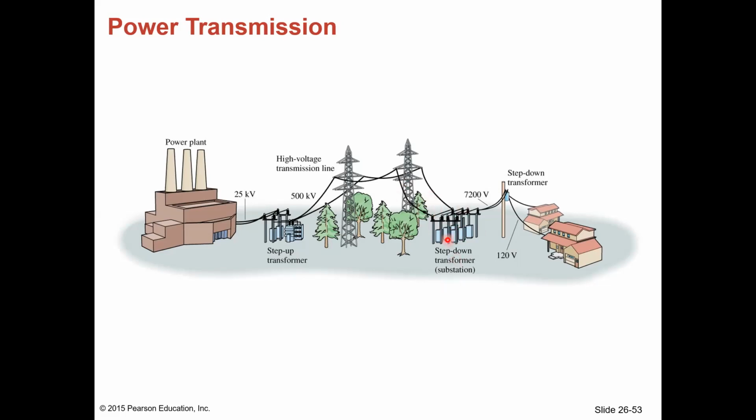So we have a step down transformer here, bringing it down from 500,000 to 7,200 volts, and then that goes into neighborhoods and right outside our homes. And before it goes into our homes, we bring it down again. We have another step down transformer and bring it down to 120 volts, or maybe you could get 240 depending on your house.